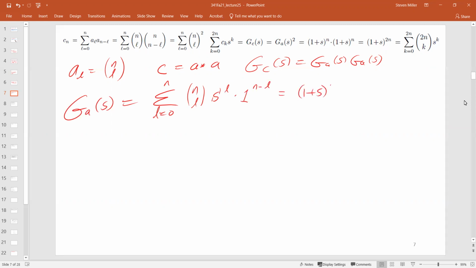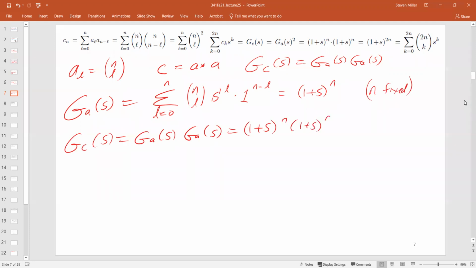It's just 1 plus S to the N. So I'm just taking my sequence to be N choose L. N is fixed. Okay. Is everybody comfortable with this for my generating function of A? Well, the generating function of C of S is just the generating function of A times the generating function of A, which is 1 plus S to the N times 1 plus S to the N, which is 1 plus S to the 2N.